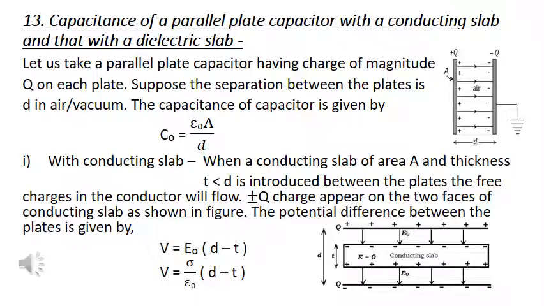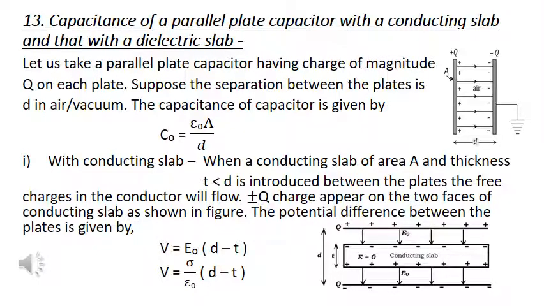When a conducting slab of area A and thickness t, which is less than d, that is separation between the two plates, is introduced between the plates of the capacitor, the free charges in the conductor will flow and plus minus Q charge appear on the two faces of the conducting slab as shown in figure.